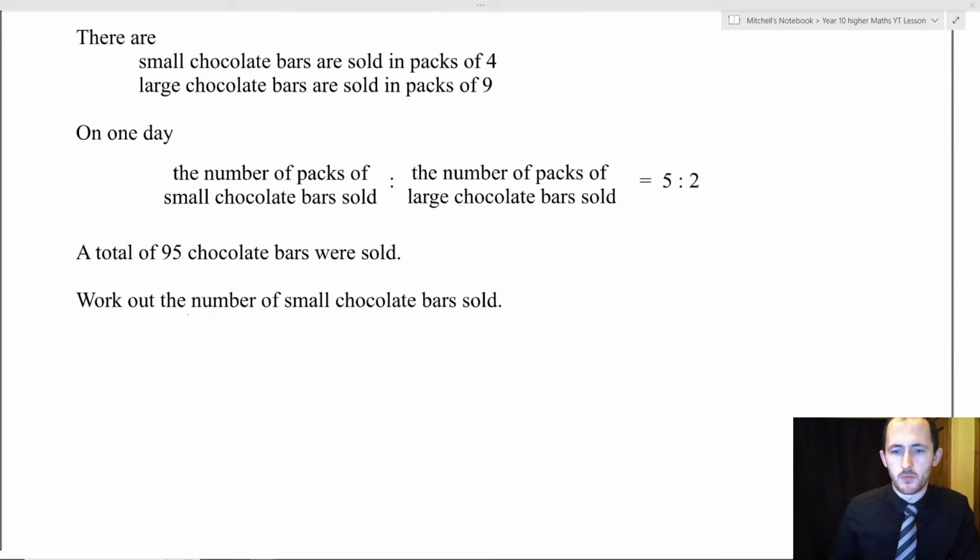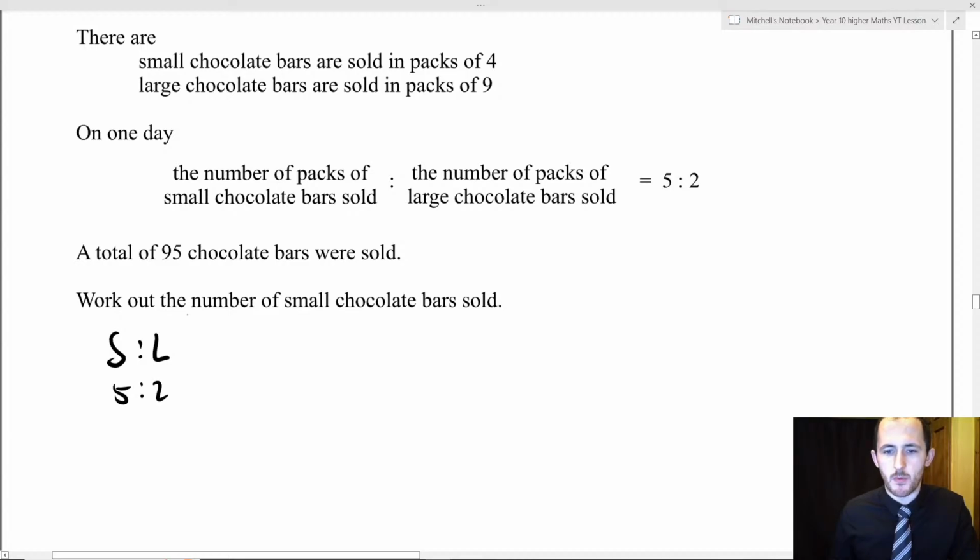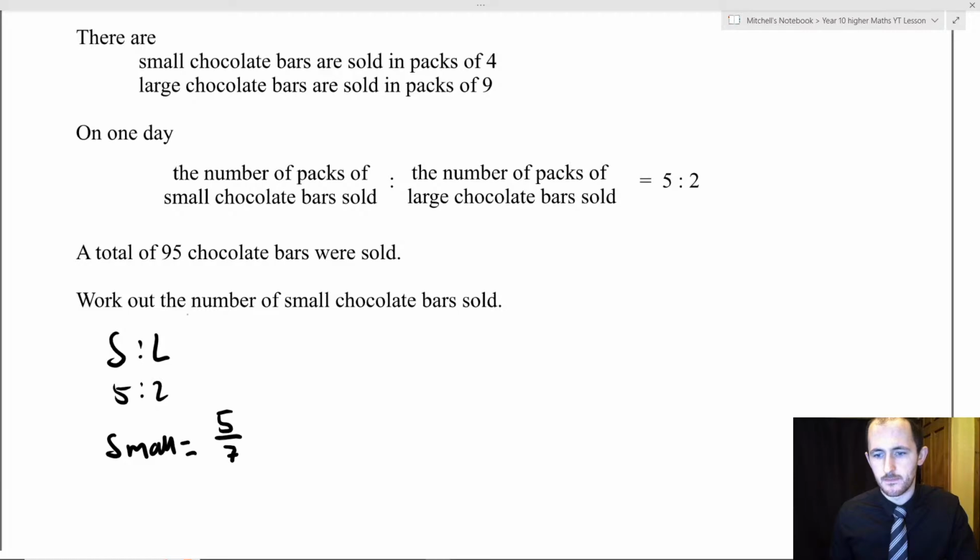The ratio of small to large, so S to L, is 5 to 2. So what we're going to do here is work out the fraction of them that were small. So small equals 5 over 7 multiplied by 95. So again, we could work this out, or we can be lazy. I prefer to be lazy just for this case. Oh, wait, I made a mistake.